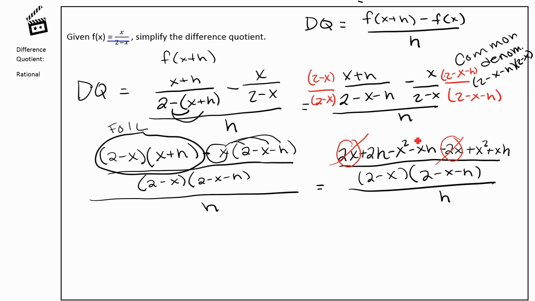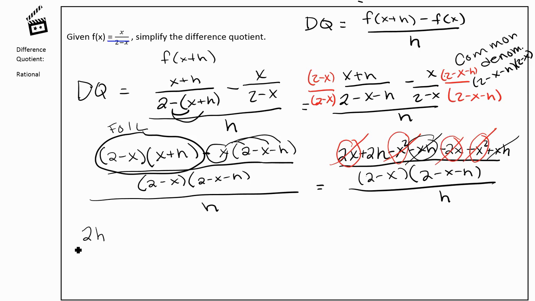We have a minus x squared, and here's a plus x squared, so those disappear. Okay, so now in our numerator, we have 2h minus xh. Oh, plus xh. Look, that's even better. Even some terms with an h will cancel out. So our top now is only 2h.